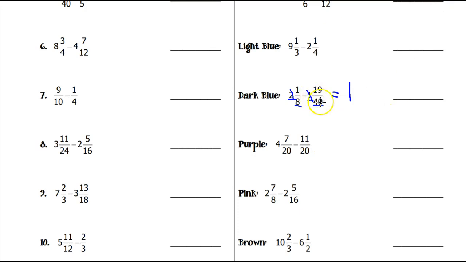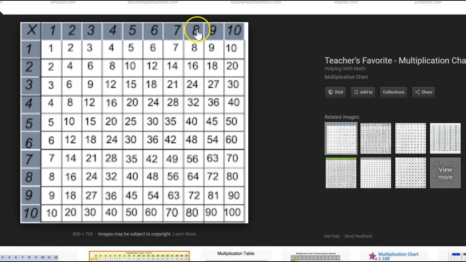Again, my multiplication chart does not go to 40, but I can look at the 8 on my multiplication chart, and I can see that I have 8, 16, 24, 32, 40. So I know that if I started with 40 on my multiplication chart way down here, they have the number 40 in common because 8 can go into 40.